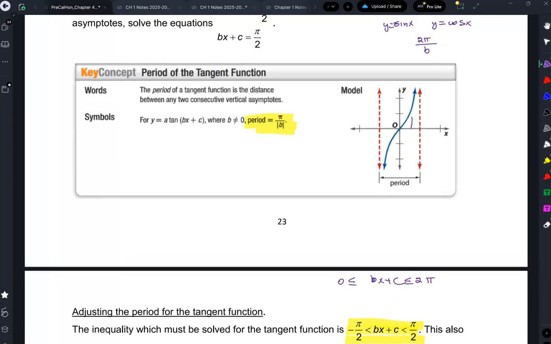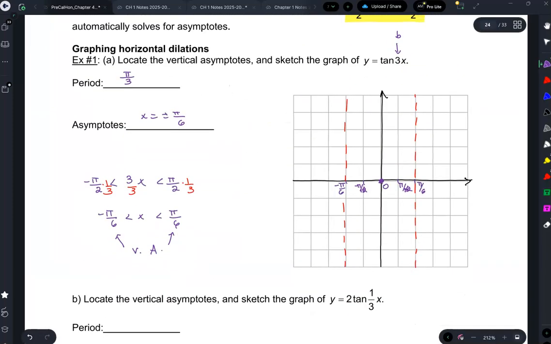Tangent goes to the right, it's 1. To the left, it's negative 1. So the one to the right, it's going to go positive 1. The one to the left is going to go negative 1. And now to graph, it's going to follow the asymptotes there. We curve and we go down.